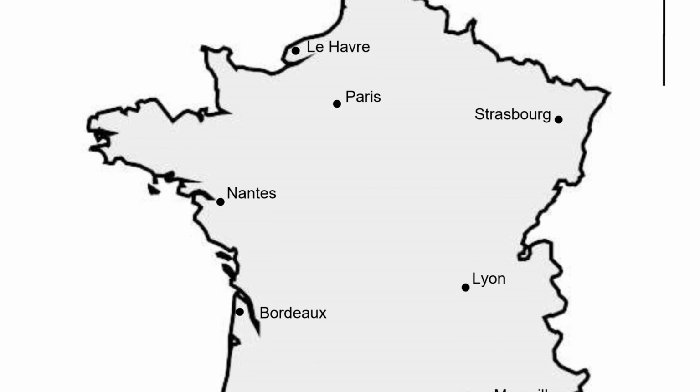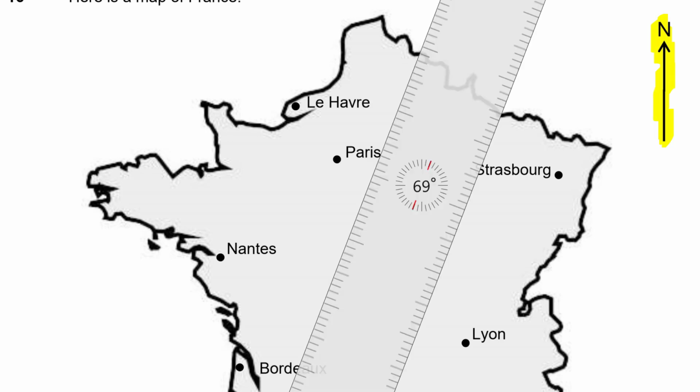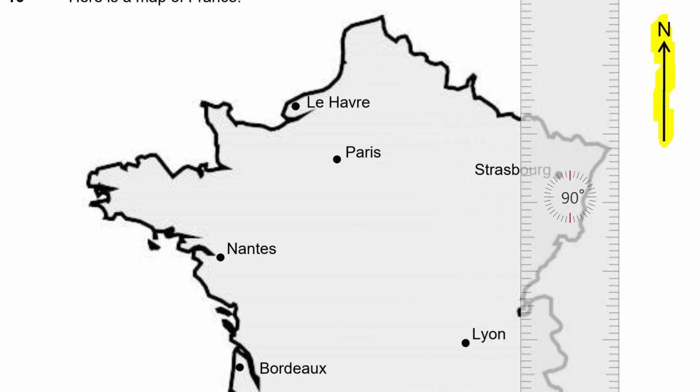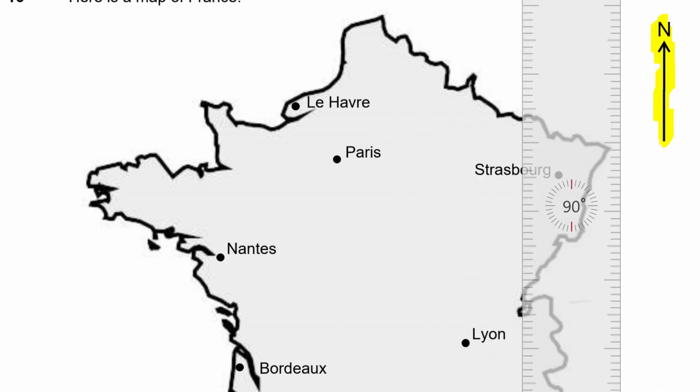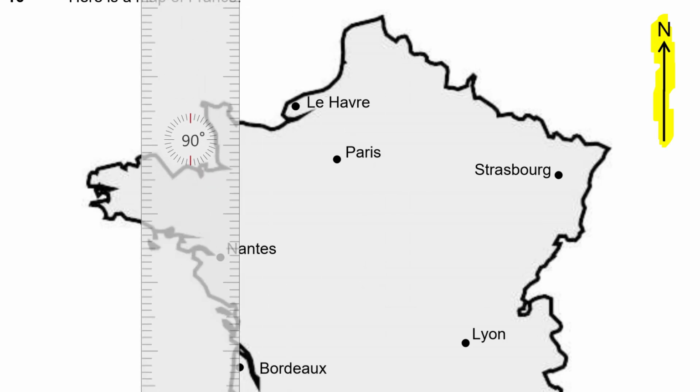Okay, right. So you'll notice at the top here we've got a direction line for north, and 3-figure bearings are always measured clockwise from north. So let's just get my ruler out. So straight up in the direction of that north line, look, that's north. If I want to measure a bearing, I should really start by putting a north line on the point where I want to measure my bearing from.